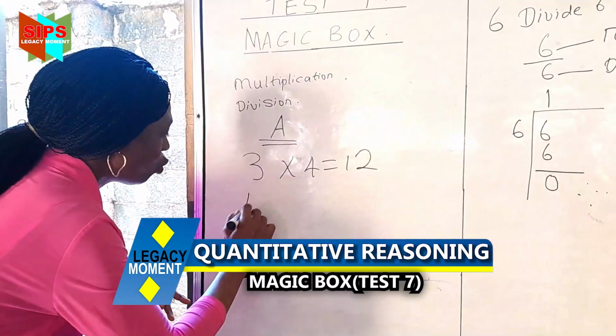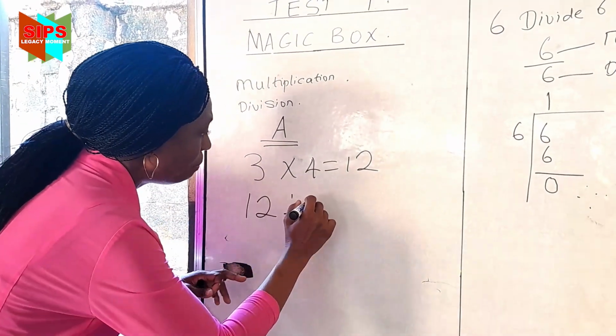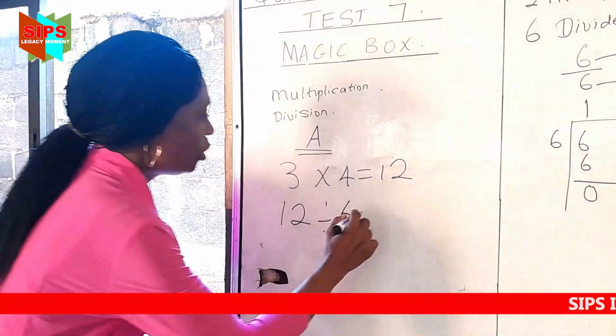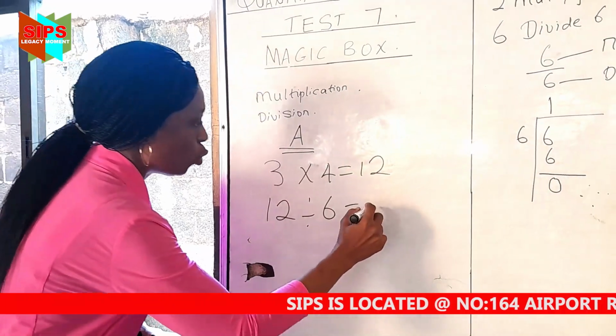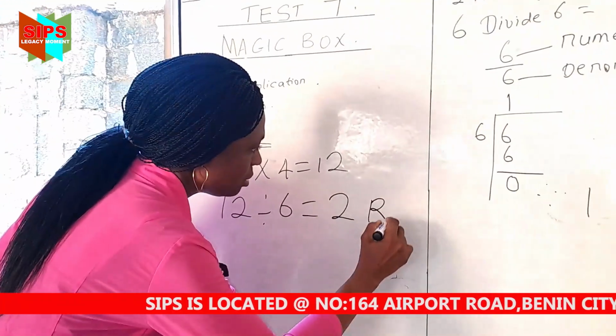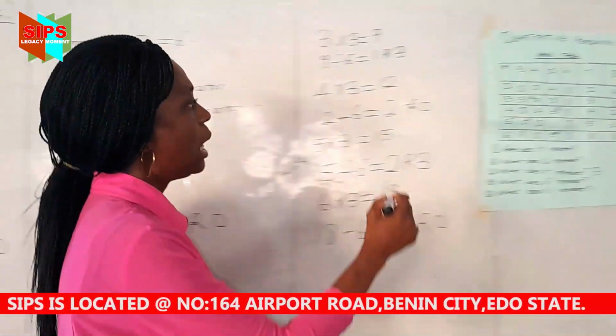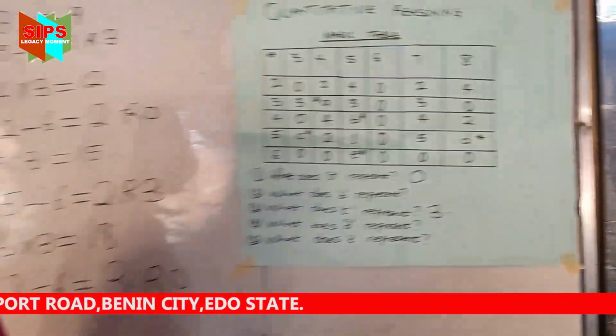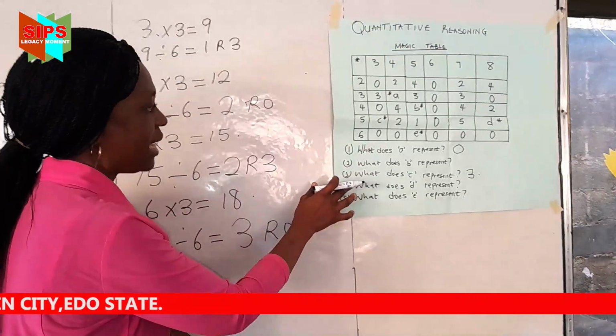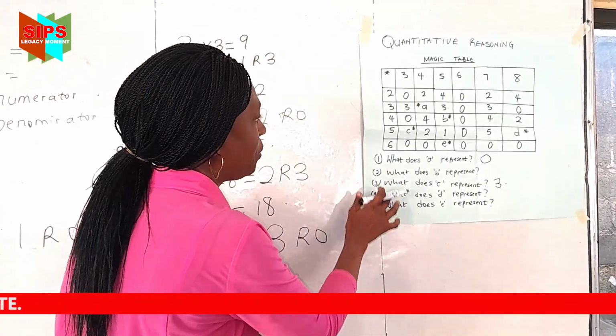So we now use our 12 to divide our base 6, which is 12 divided by 6. That is 6 into 12 will give us what? 2, remainder 0. So which means that our A is what? 0. On this note, because of time, we have come to the end of today's topic.